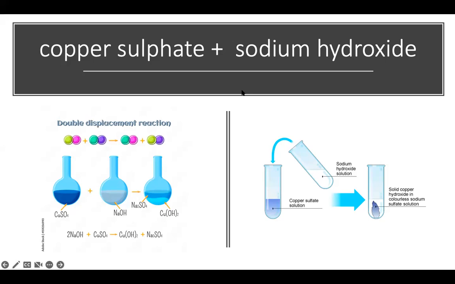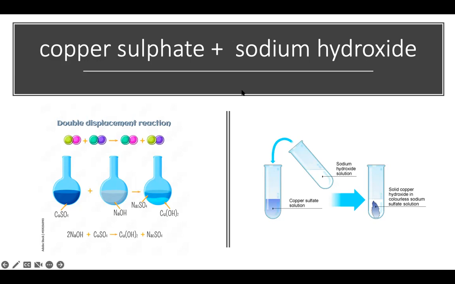That is a base. And copper sulfate, again that blue color copper sulfate, you can mix a similar amount of copper sulfate with sodium hydroxide. Actually you need a little more sodium hydroxide, because one copper sulfate compound will react with two sodium hydroxide molecules.